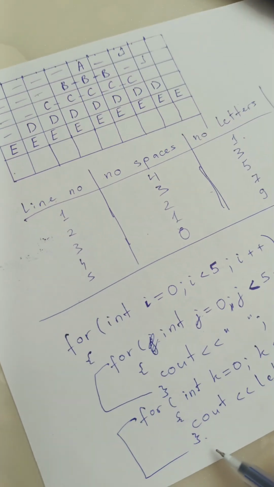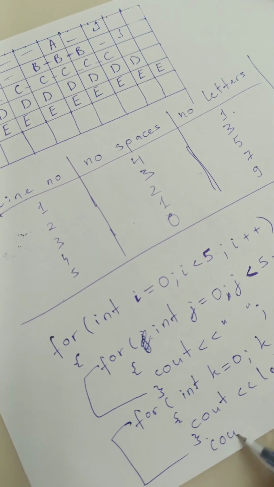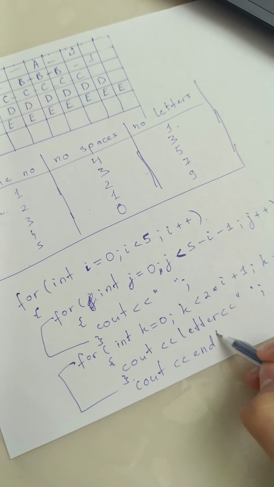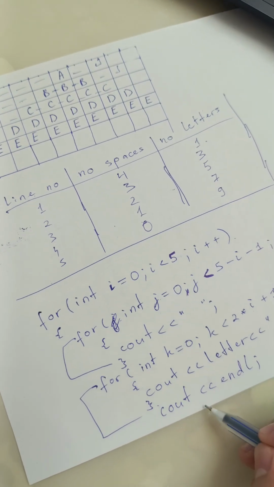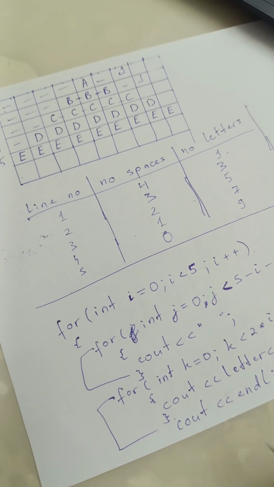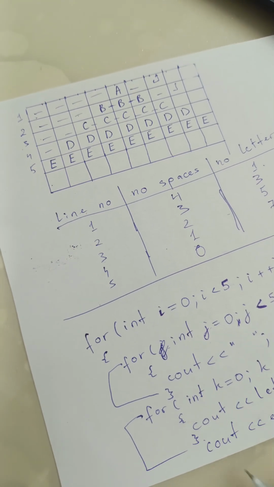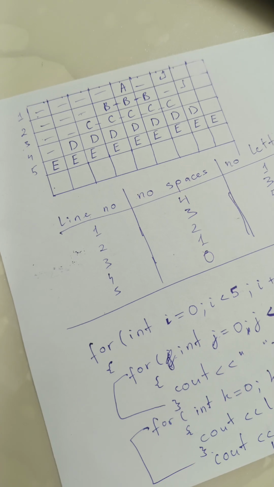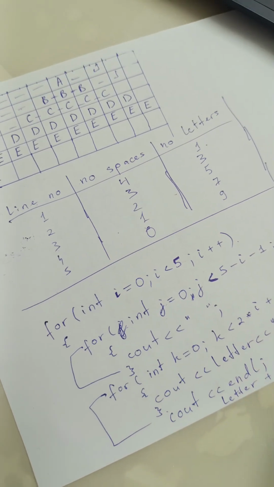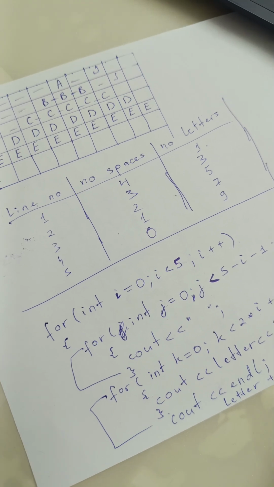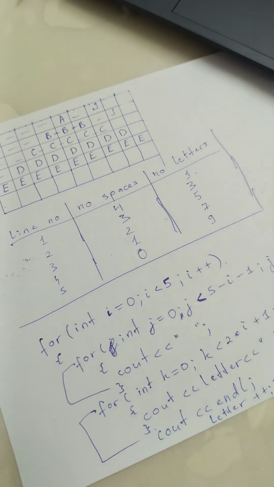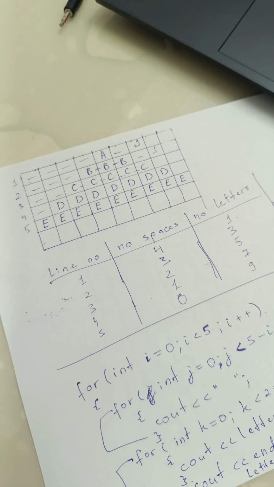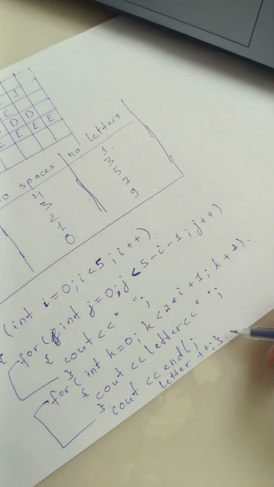So for the outer loop we write cout endl, and after that, for the outer loop we also add letter plus plus. So close the outer loop and done. Okay, this is the i loop.